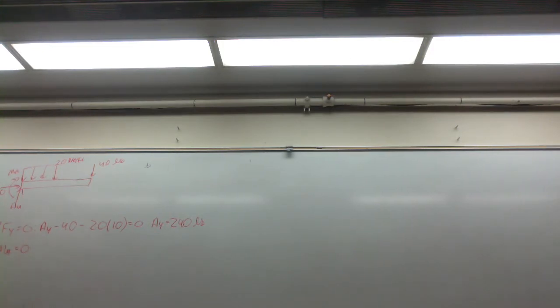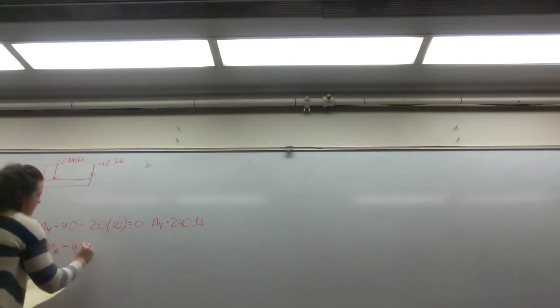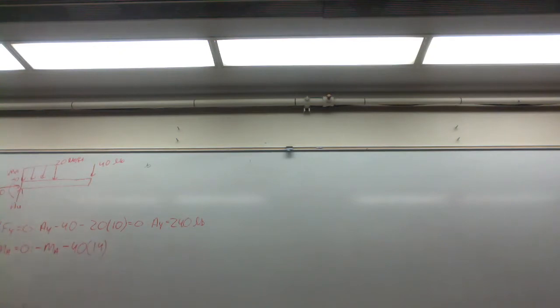Okay, so then to solve for this constraint moment, because it's a fixed connection at A, the moments at A, we get minus MA minus 40 times 14. Okay, what about this distributed load?